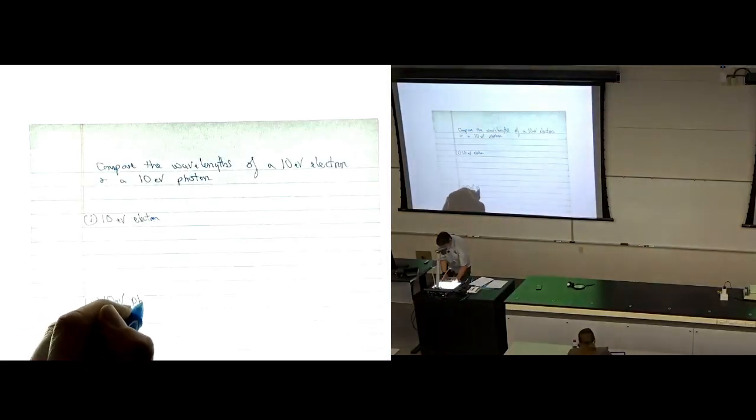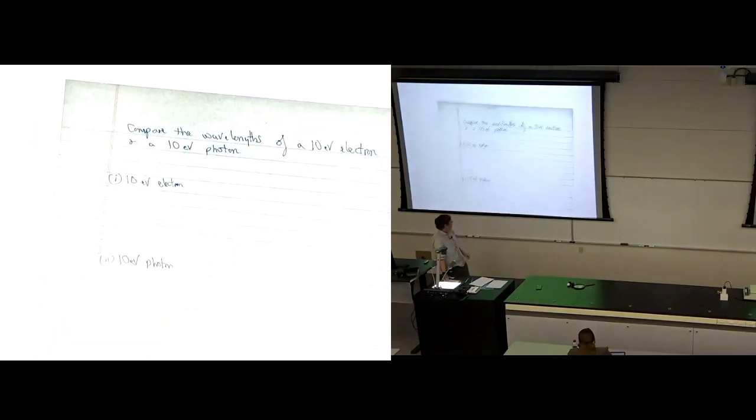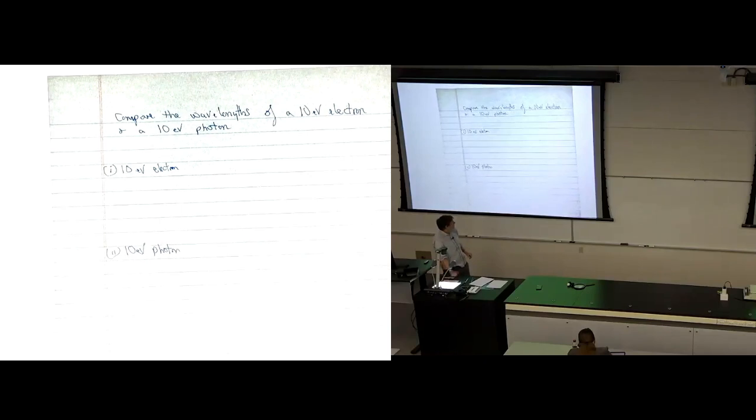The difference is that, think about that 10 electron volts. Compare that to the mass of the electron. Compare it to the photon's being massless.